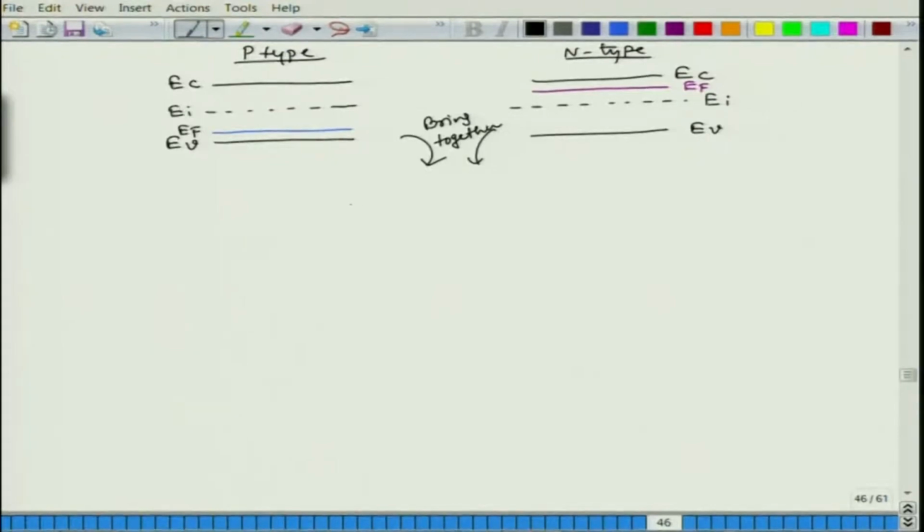So, the band picture will now look like this, let us say that we will have a constant Fermi level throughout.